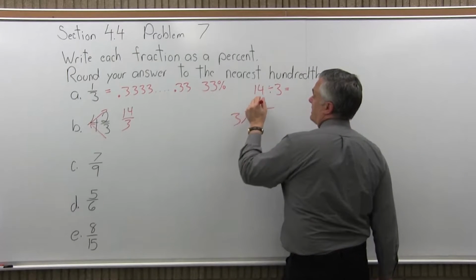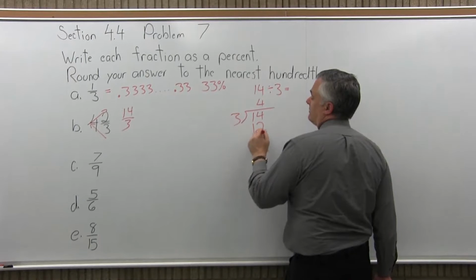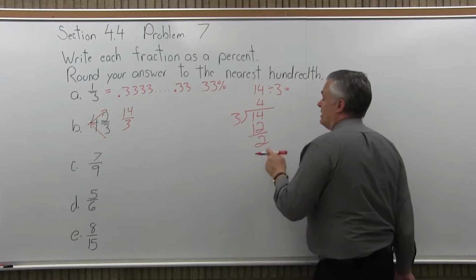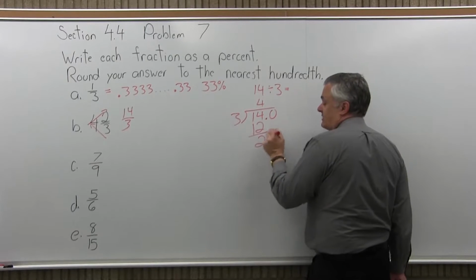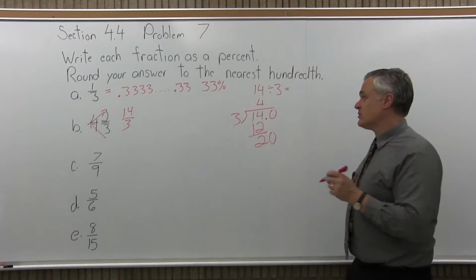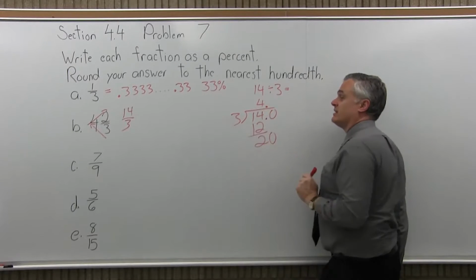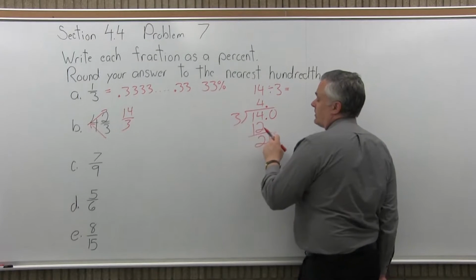It goes in 4 times. 4 times 3 is 12. 14 minus 12 is 2. So it didn't go in evenly. So now think of the 14 as a 14.0, and I can bring that next 0 down next to the 2 and think of it as a 20. And when I put that decimal in, it has to come straight up vertically into the division. So 3 will go into 20 how many times?